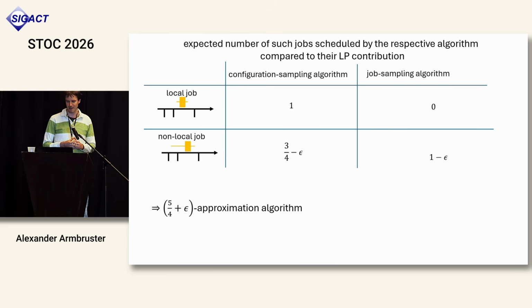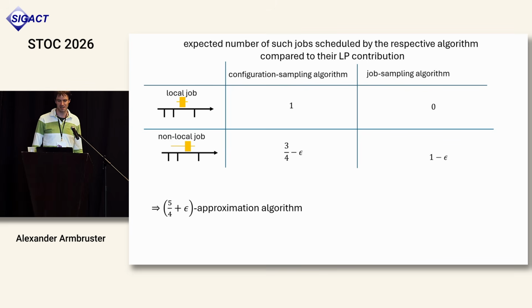Maybe as a side remark, for the second algorithm, to get this factor of 1 minus epsilon at the bottom right, we need slightly different blocks again. We need blocks with more than a constant number of jobs. This means that we can't solve the LP in the straightforward way we did before, because we no longer have a polynomial number of variables.